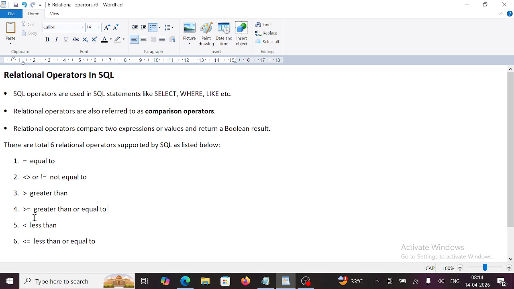Next is less than, and then less than or equal to. We'll try to understand all these relational operators based on some examples, and how they behave.